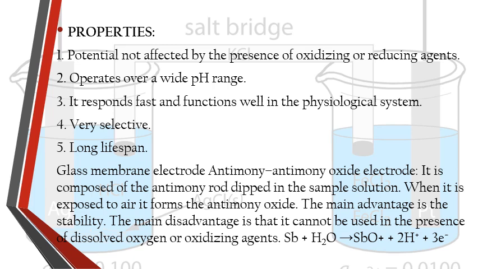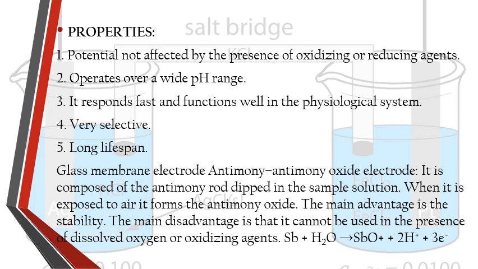In summary, before we dive into the next topic, the glass membrane electrode is ideal for measuring pH due to its wide pH range, fast response, selectivity, and stability against redox reactions, while the antimony oxide electrode is known for its stability but limited by its sensitivity to oxidizing agents and dissolved oxygen.